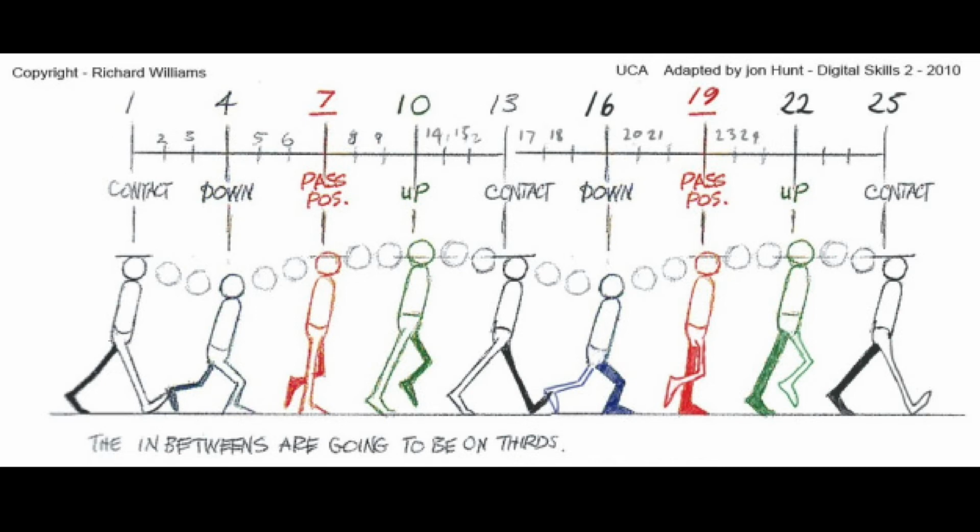The contact is where the feet are both on the ground, and it's typically the most extreme, so the most wide that the feet are. The down, because a walk is a controlled fall, is when the character falls onto that foot that's going to take the most of the weight on this particular stride. The passing position is generally when one foot passes the other.